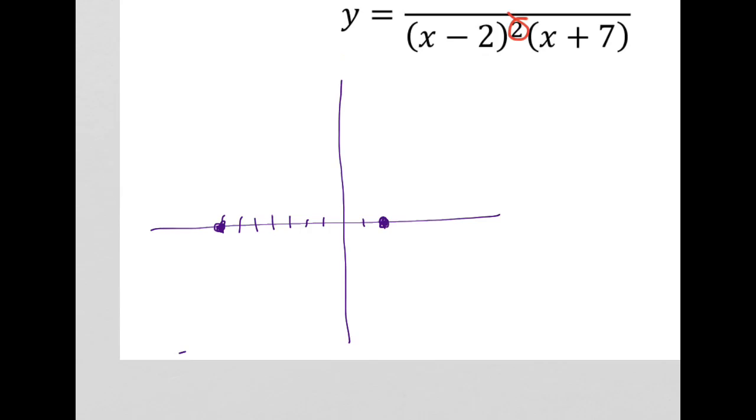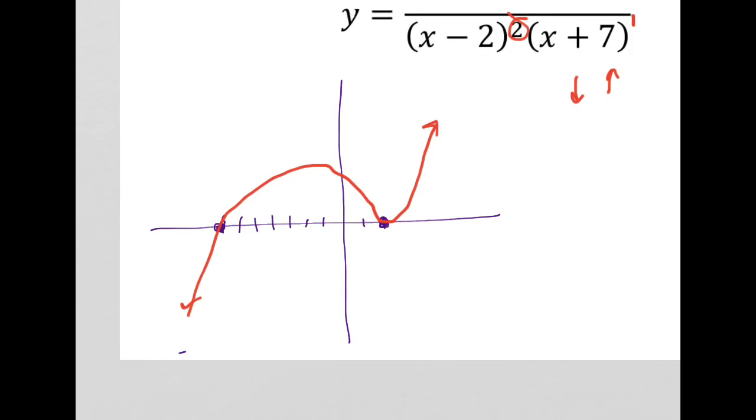I have another 0 at x equals negative 7, and I know the multiplicity is odd there, so it's going to cross. I know my end behavior is going to be down and up, and so I am going to come up, come through, come back down, bounce, and go back up like that.